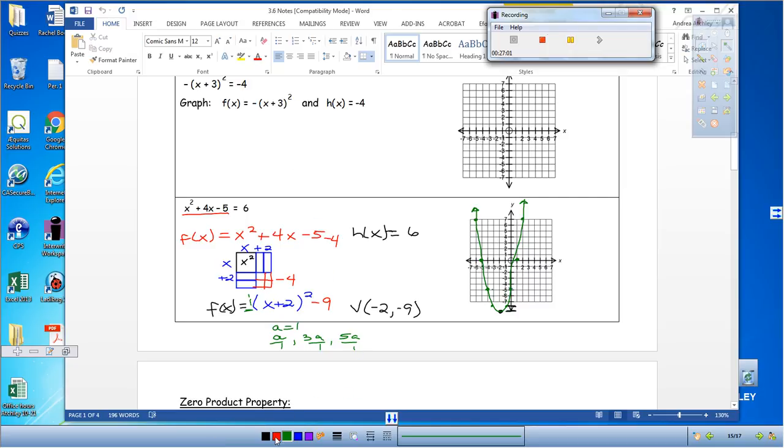Okay, now I want to graph the h of x equals 6. So I'm going to go where y equals 6. And I'm going to find a bunch of points where y is 6.